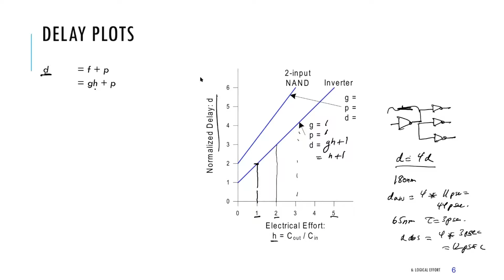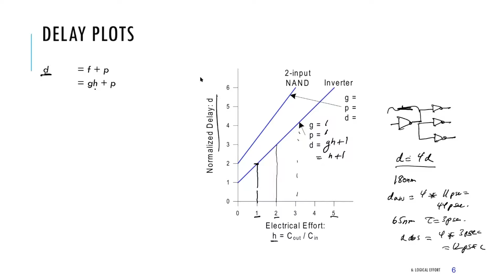So that's how you'd use this. Let's say this was the case for an inverter. So we got this plot, and we can see how it drives things. Okay, so let's look at a NAND gate.